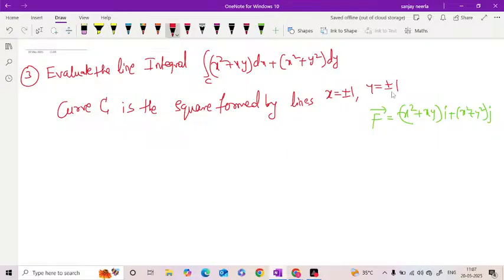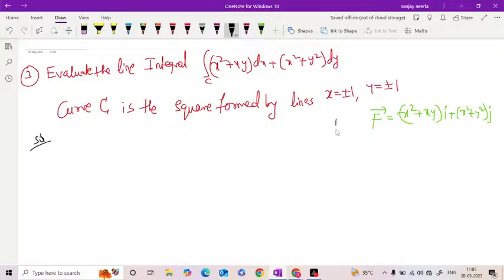That means it is a square. Observe, the first two problems had a parabola path, and the homework problem has a circular path. Here the function is given, but the curve is in square form. So for this problem, first of all, draw the diagram. What is the diagram here?